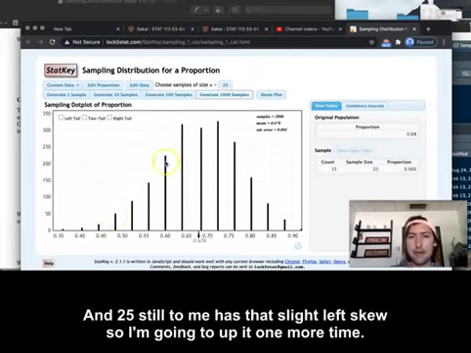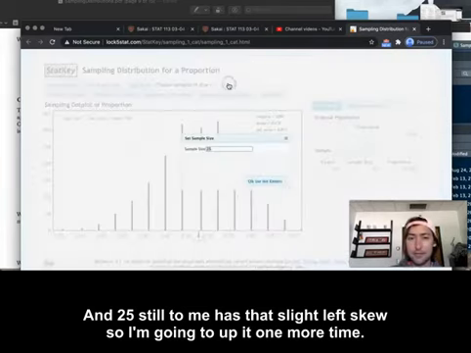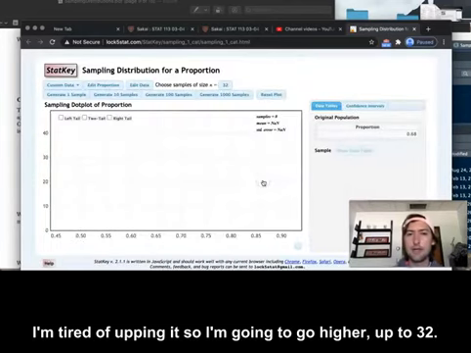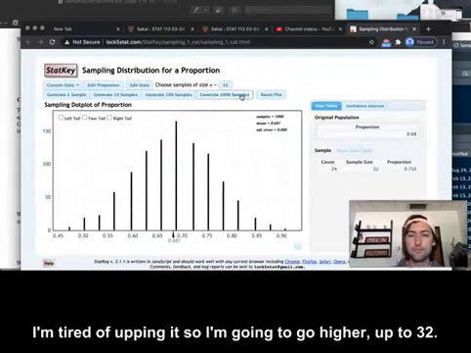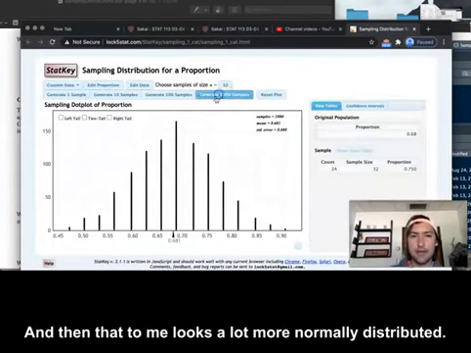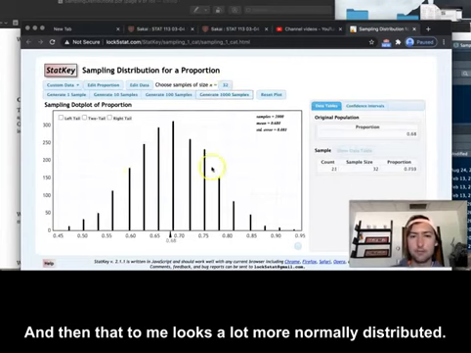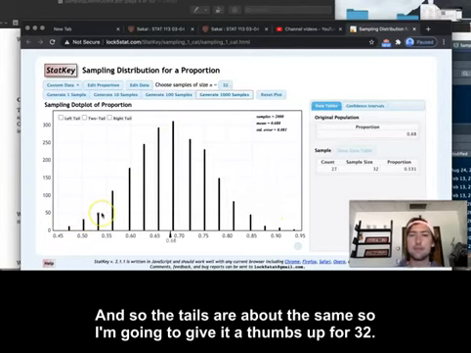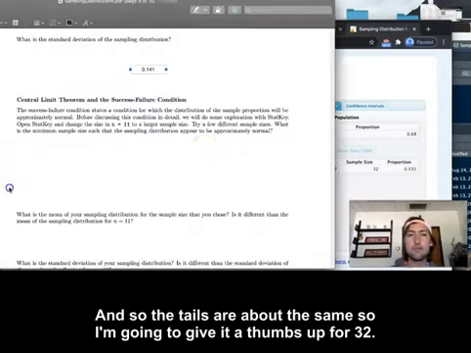And 25 still to me has that slight left skew, so I'm going to up it one more time. I'm tired of upping it, so I'm going to go higher, up to 32. And then that to me looks a lot more normally distributed. The tails are about the same, so I'm going to give it a thumbs up for 32.